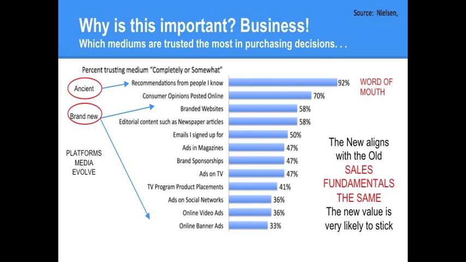If I had $1 for every time somebody told me they didn't need advertising, they had word of mouth, I never would have had to get into publishing. It is the key driver of business. The people that know you, that like you, who have used your service, and they tell their friends and their families, that is always going to be your best source of referrals and new business.